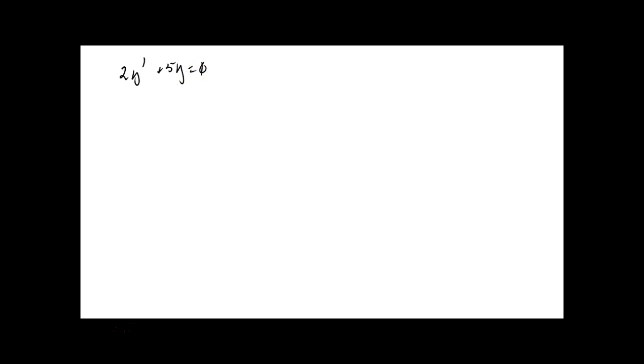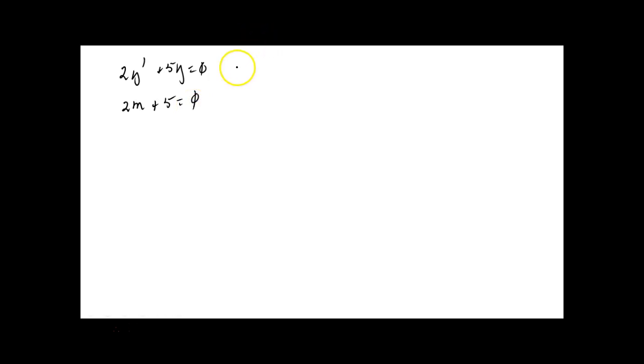Now, it's not necessary to go through the differentiation and substitution of e to the mx into the differential equation. We merely have to form the equation because we know e to the mx is going to do, and when you take the derivative of that, you get an m, so you wind up with what they call an auxiliary equation, that's 2m plus 5 equals 0.